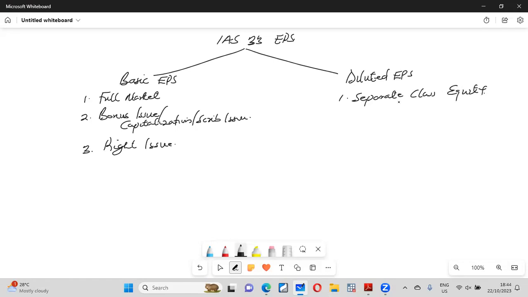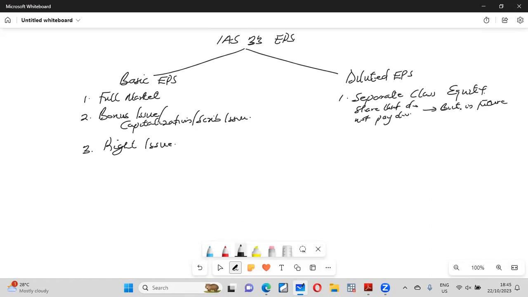I.e., if you have a share that does not pay dividends now, but in future, you have to pay dividend.